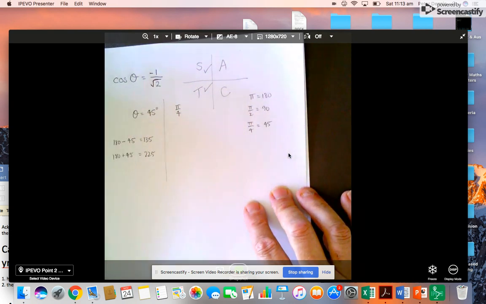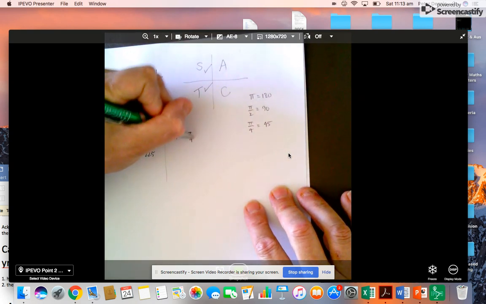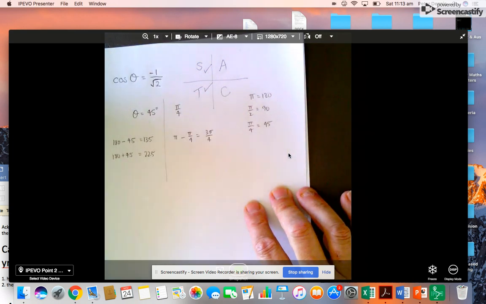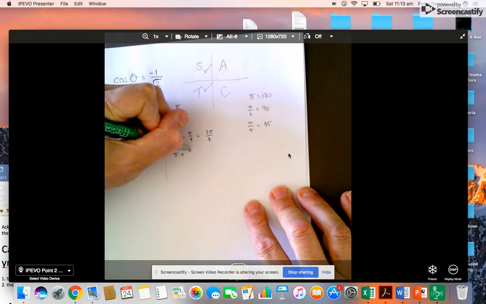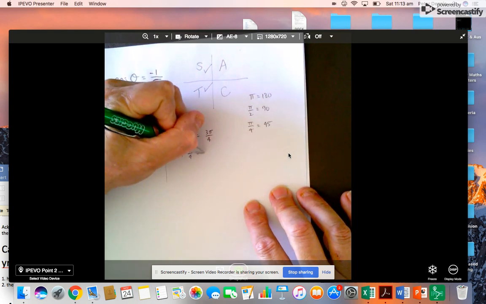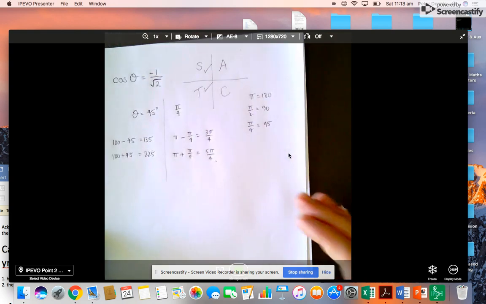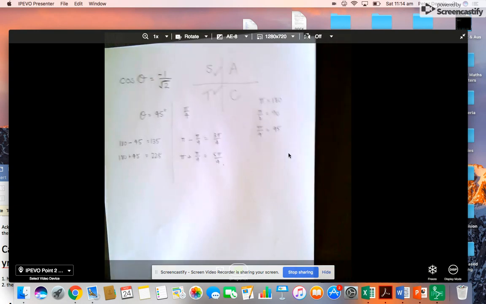If we were dealing in radians, it would be pi minus pi on 4, which is 3 pi on 4. Over here, it would be pi plus pi on 4, which equals 5 pi on 4.